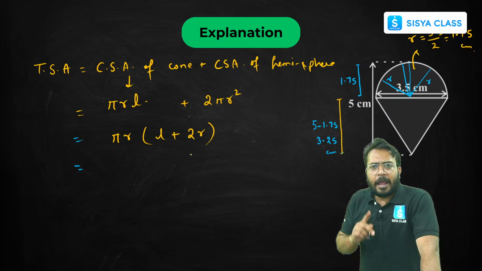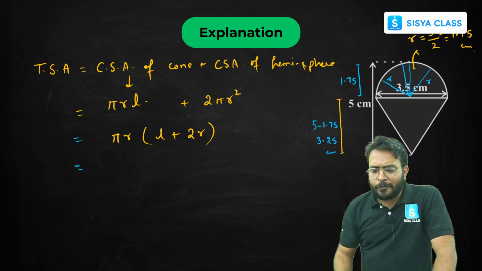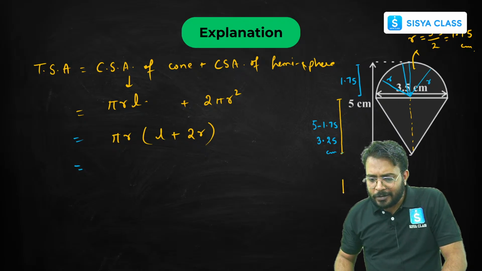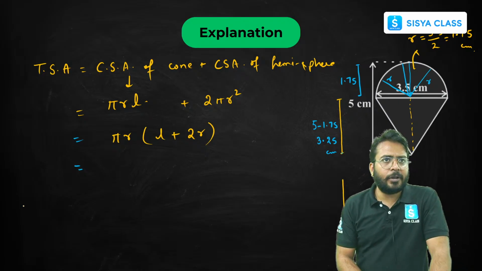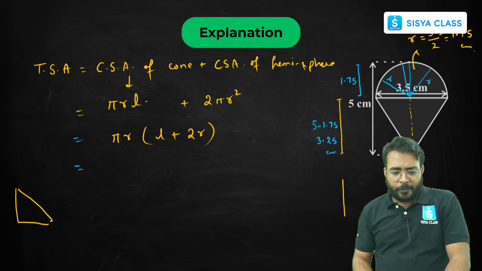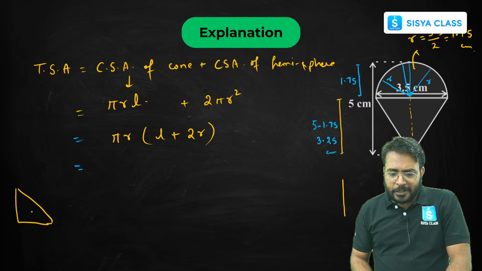But sir, l is not known. So you have to find out your l, because the height is known to you. You can consider your right angle triangle where your base is 1.75 and your height is 3.25, and you need to find out your l.